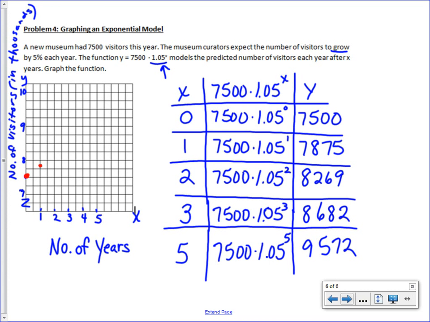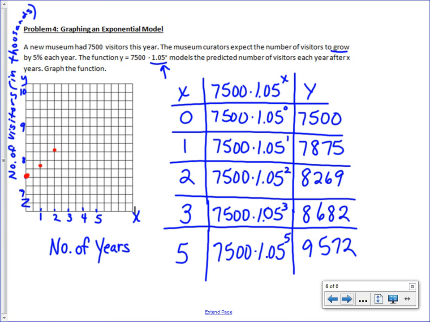In year 2, 8,269, so it's going to be slightly above the 8,250 mark.